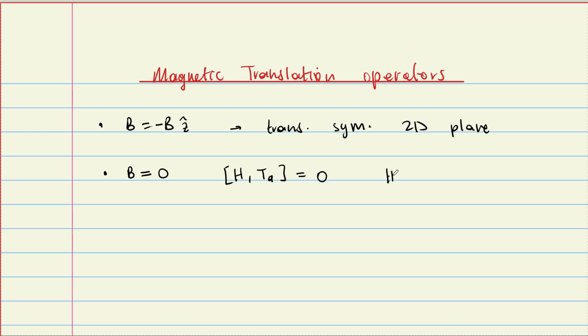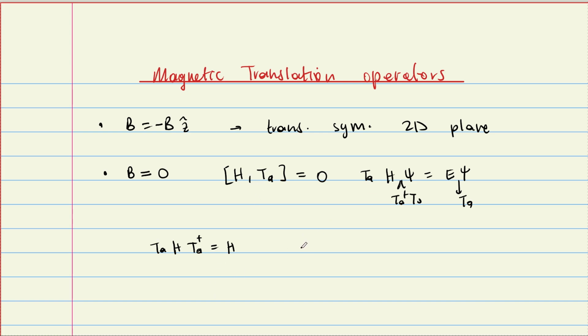If you look at H psi equal to E psi and act with T_a here, and insert T_a dagger T_a, and here put a T_a, what this says is T_a H T_a dagger is H. That's exactly what this sentence is.